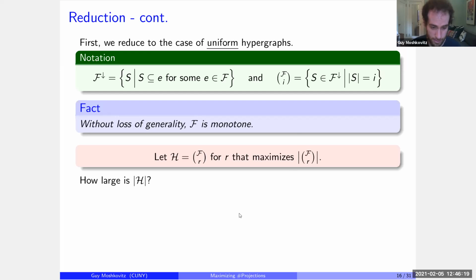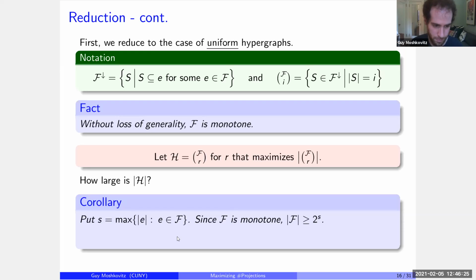I claim that this layer is necessarily large, because it's the largest layer, it has to be pretty large. So let's see why. Let's denote by S the largest size of an edge in F. Since F is monotone, without loss of generality, that means that F contains the entire power set of some set of size S, right?